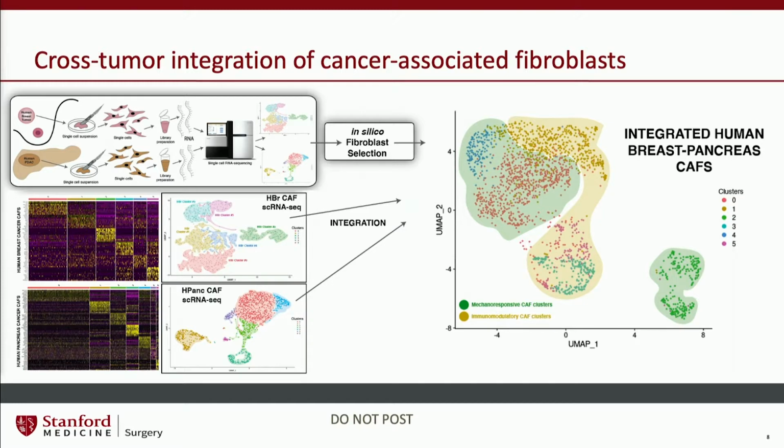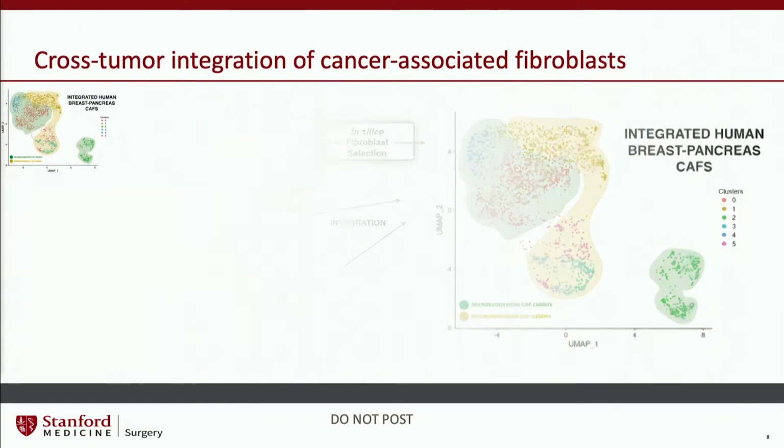Next, we used a similar label transfer approach to overlay our human breast cancer CAFs and our PDAC CAFs to identify 6 transcriptionally defined shared clusters between breast and pancreas.